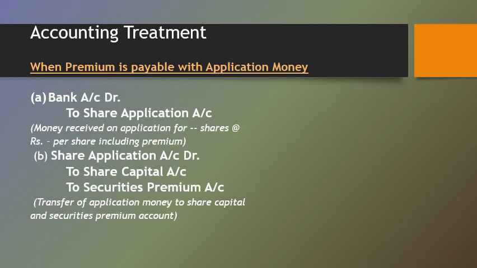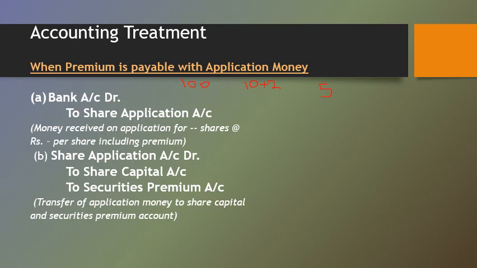On the receipt of this money, our journal entry will be bank account debit to share application. Suppose a company issued 100 shares of rupees 10 each at a premium of rupees 2, on which the shareholders have to pay rupees 5 on application.